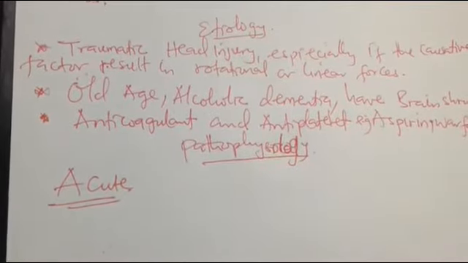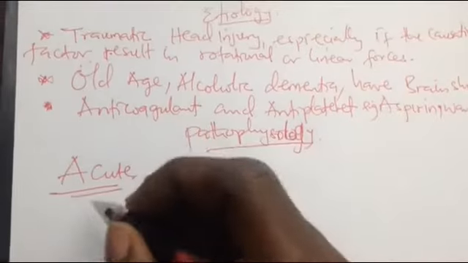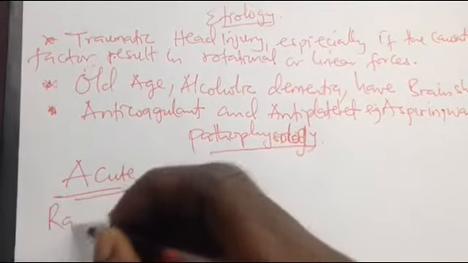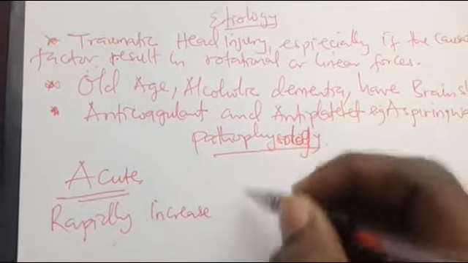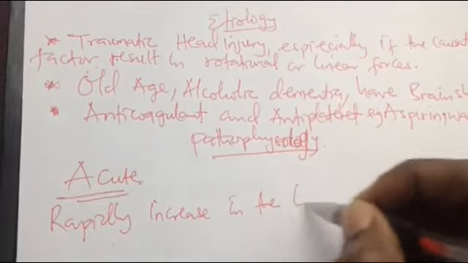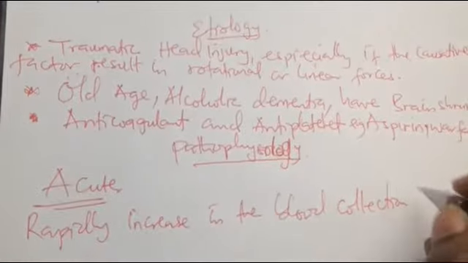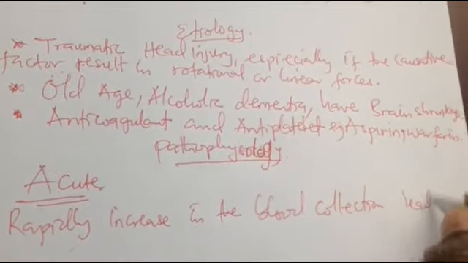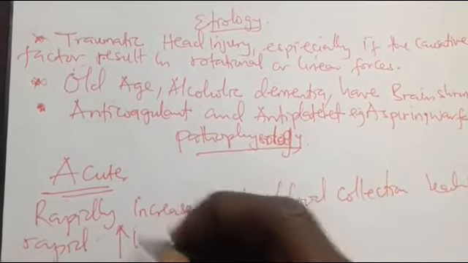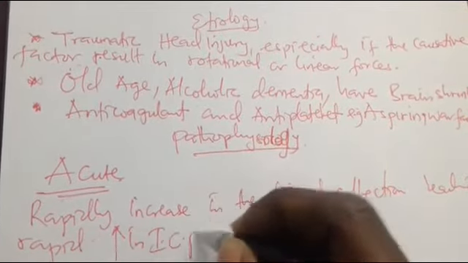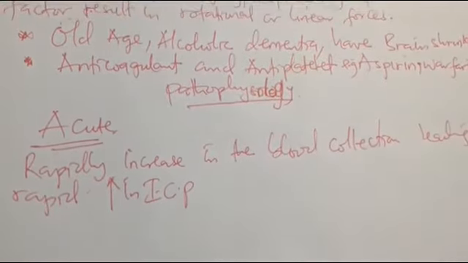If there is growth of that blood collection, there will be a rapid increase in the blood collection, leading to a rapid increase in intracranial pressure, or just say ICP, which leads to squeezing of the dural venous sinus.